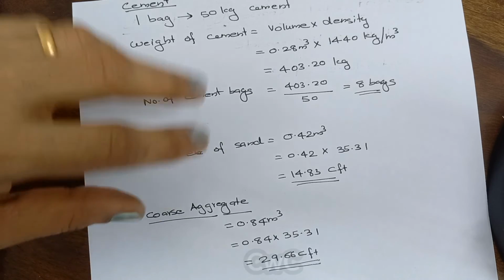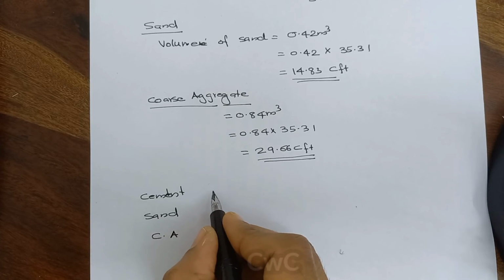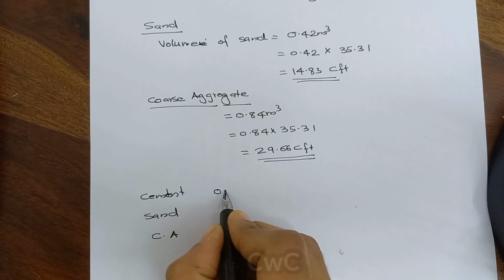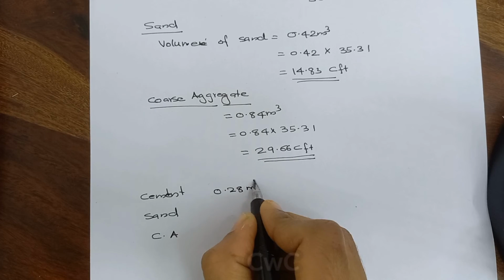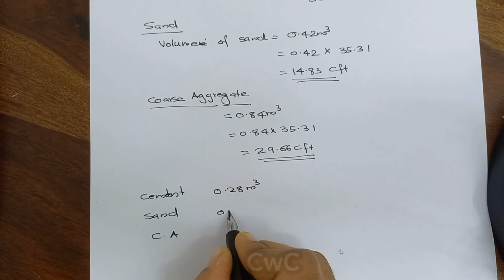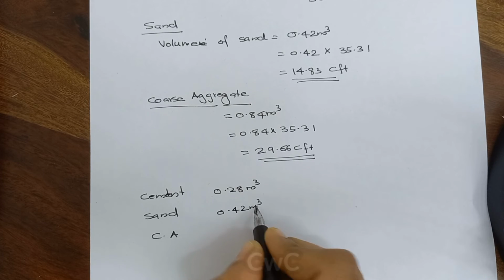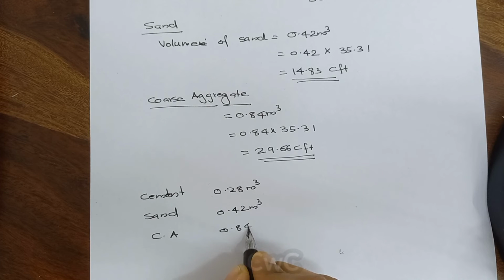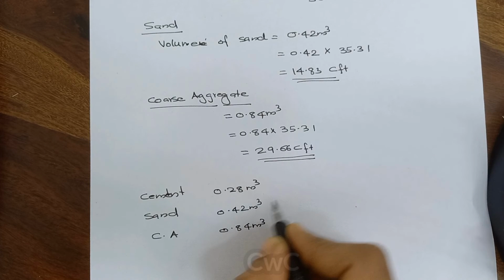Let's tabulate all these values. So cement quantity is 0.28 meter cube and sand is 0.42 meter cube, coarse aggregate is 0.84 meter cube.